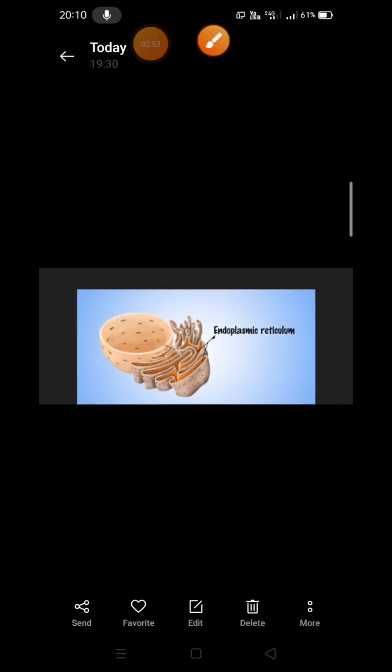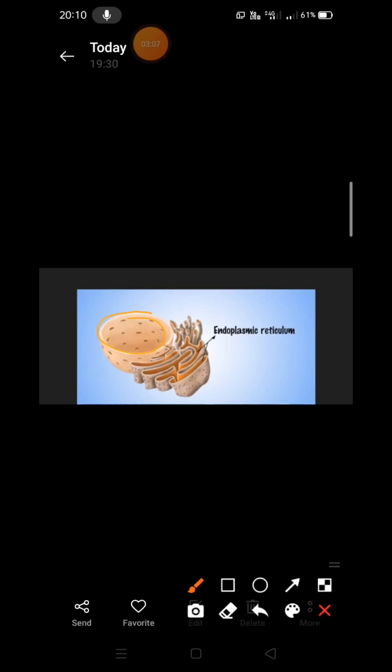Now the next organelle which is present in a cell is endoplasmic reticulum. Endoplasmic reticulum provides the framework to the cell, and it is present just near the nucleus. So here it is nucleus, and attached with the nucleus are these endoplasmic structures. These are of two kinds, as we have studied in our theory.